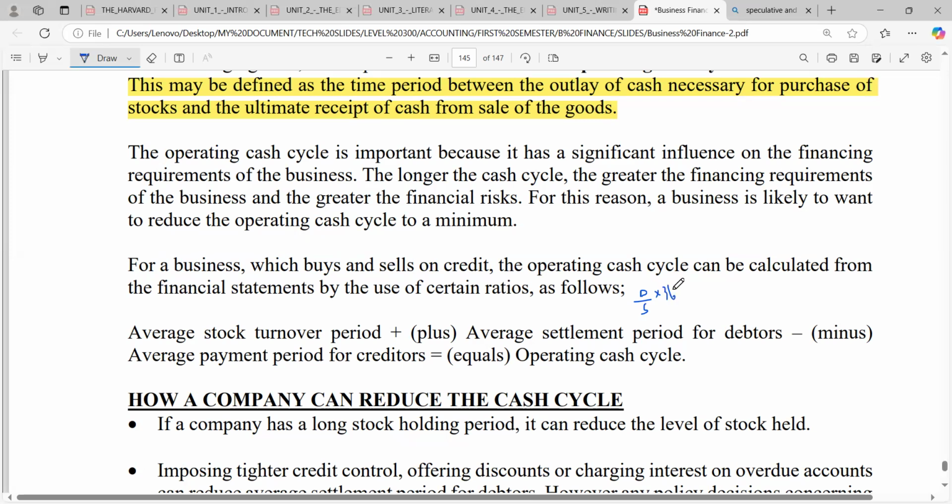So be mindful. And then the creditors will be trade creditors divided by credit purchases, multiplied by 365 days.